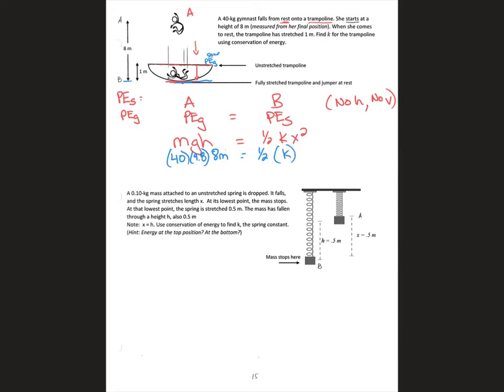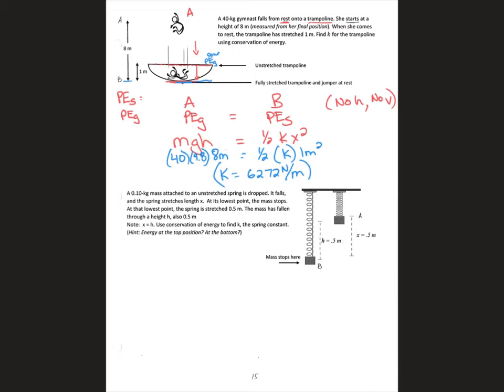But as you can see, this trampoline, which is probably made of many, many springs, has a stretch displacement of 1 meter. So your K value comes out to be, and that's not a K of a single spring, it's for the entire trampoline, 6,272 newtons per meter.